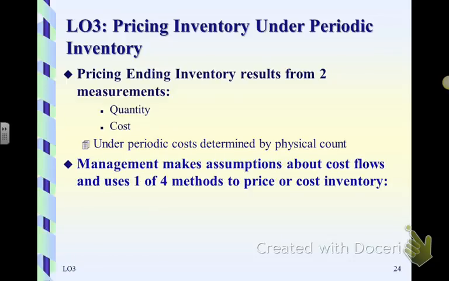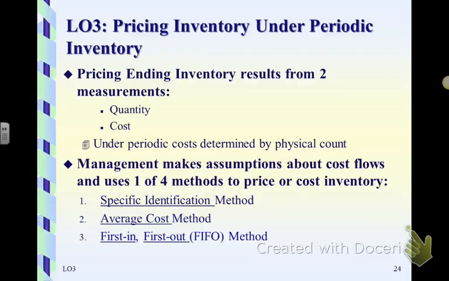And we're going to look first at the periodic system, using the actual physical count, if you will. So management is going to make assumptions about cost flows and use one of 4 different methods to talk about the cost flows. They're going to use either the specific identification method, the average cost method, the FIFO method, which is just first in, first out, or the last in, LIFO method, last in, first out method.